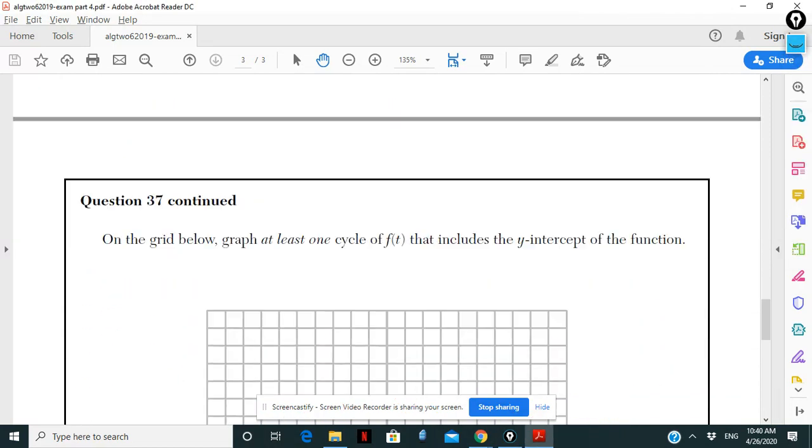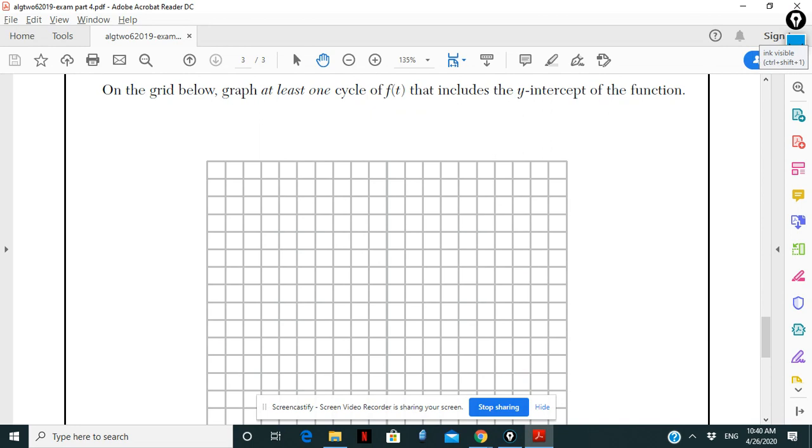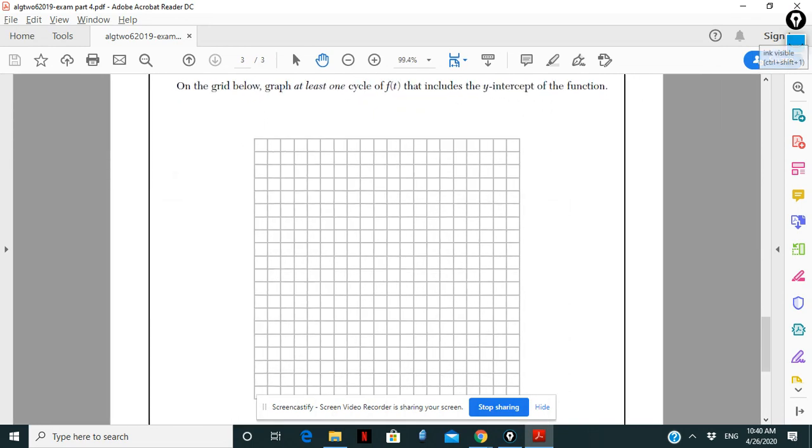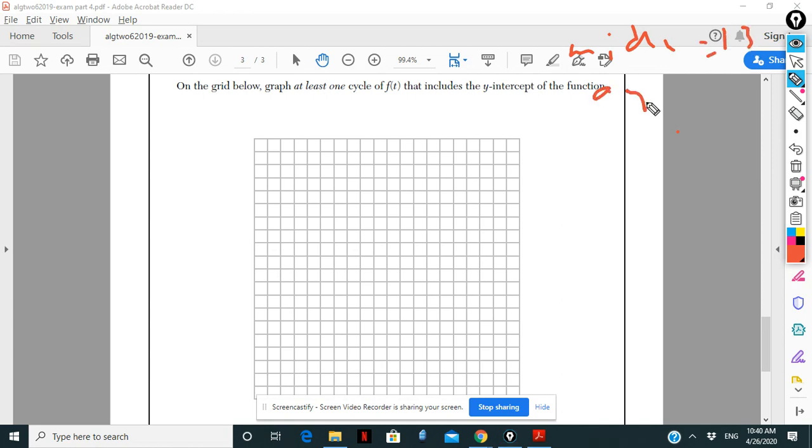Okay, now, on the grid below, graph at least one complete cycle. So the midline is 13. The amplitude is 13.